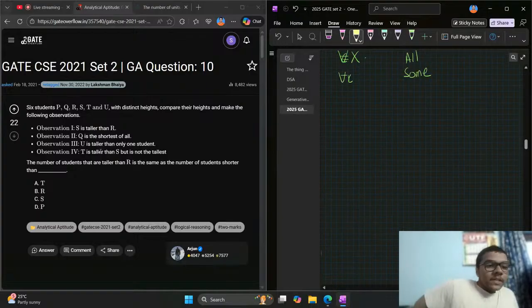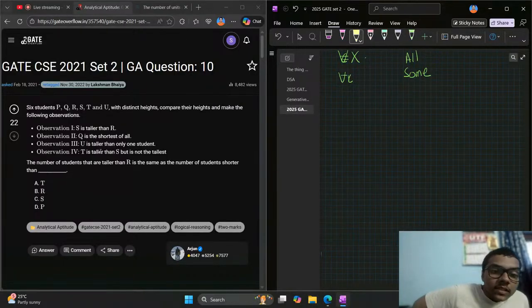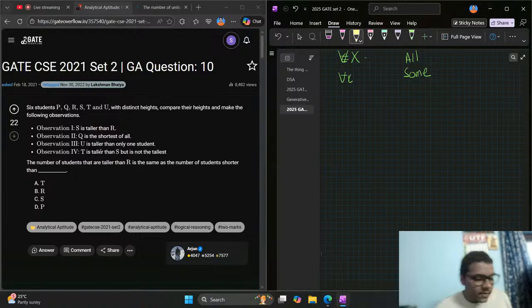Six students, P, Q, R, S, T, and U with distinct heights compare their heights and make the following observations. The number of students that are taller than R is the same as the number of... So S is taller than R. Q is the shortest of all.